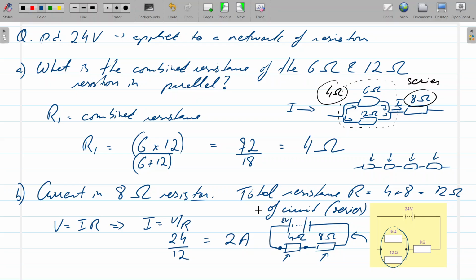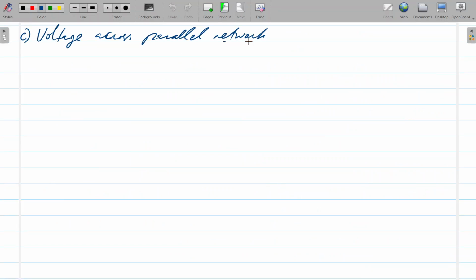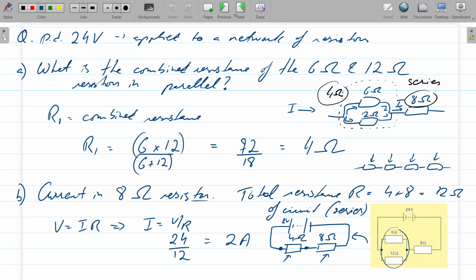So what we're going to do is consider, because they're saying the parallel network, it's being considered the combined resistance. And so V equals IR, where I was, I believe, 2 amperes.